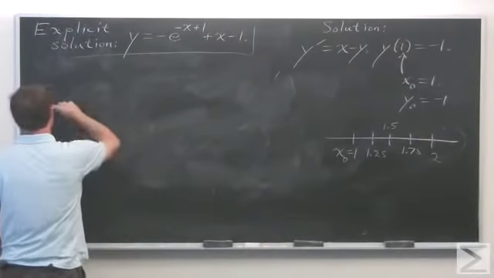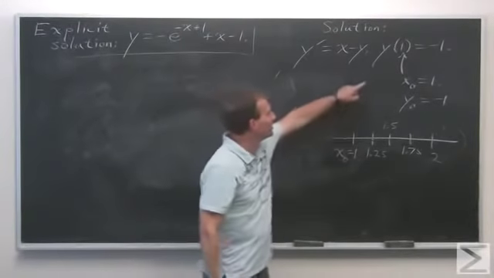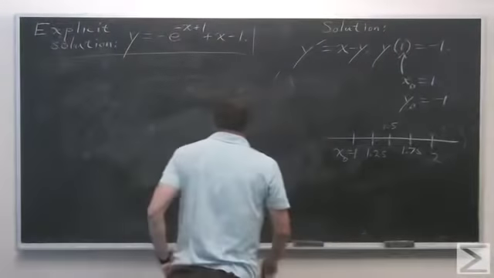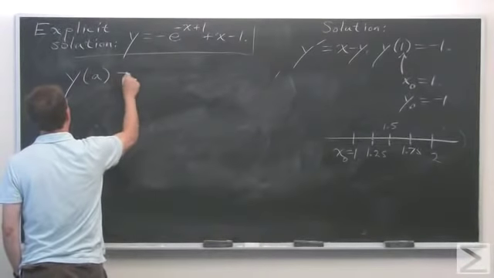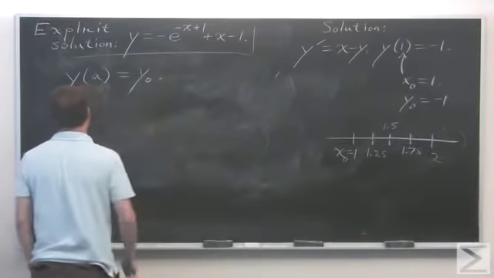So what do you do? You decide how many subintervals you're going to chop. So you start at some x coordinate, which here is 1. So maybe you start with some initial data that looks like y at some initial x value is some initial y value.